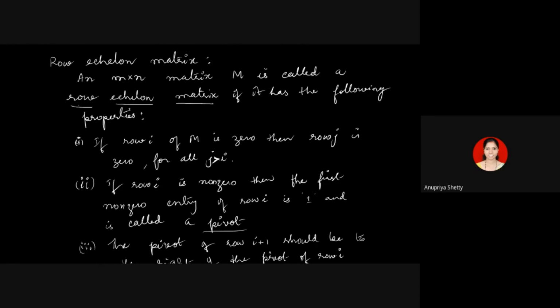Remember that the pivot of row I plus 1 should be to the right of the pivot in row I.